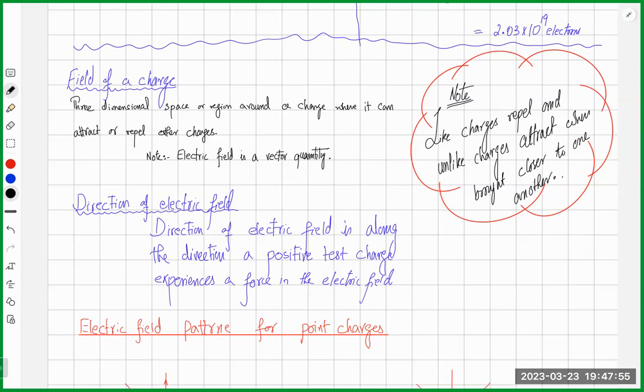Similarly, tension is a kind of force that is applied with physical contact. The normal contact force, which has the word contact in it, is also a kind of contact force because it requires physical contact.